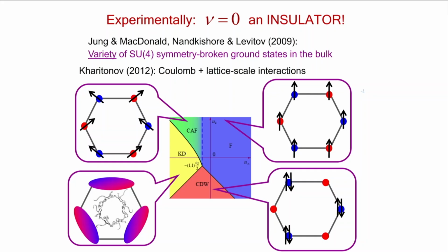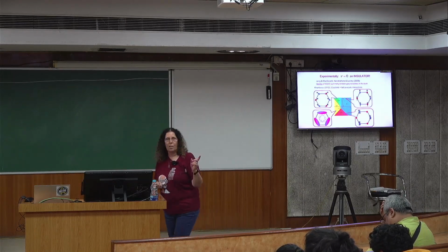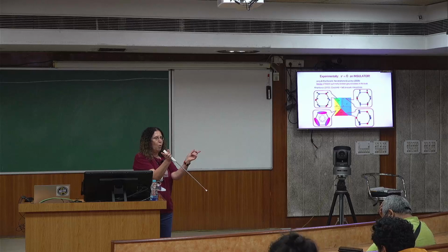I'll show you in the next slide, but theoretically there's some regime where you get it. Now the other option is a canted antiferromagnet. That's the one that is plotted in green. What is the antiferromagnet? It's almost an antiferromagnet.